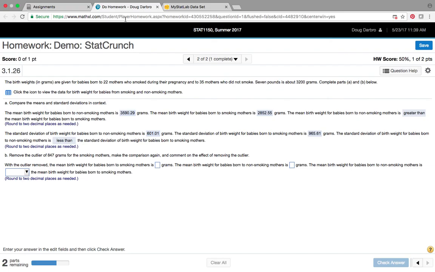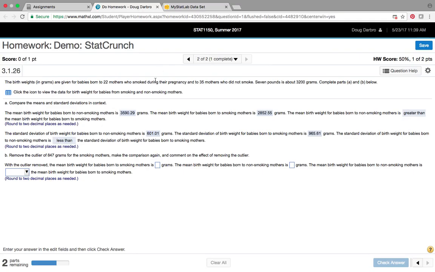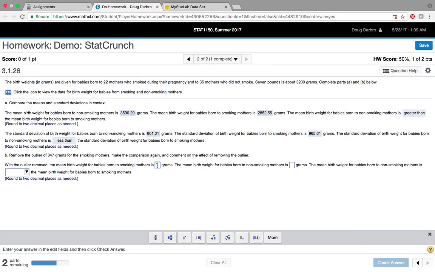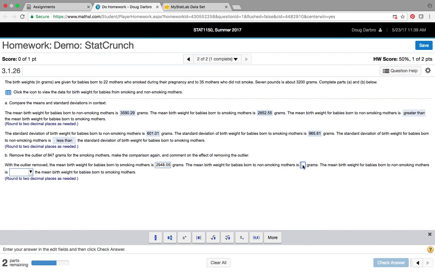So what do I want first? I want the mean of the smoking mothers. So that's 2948.05. The mean for non-smoking is 3590.29.